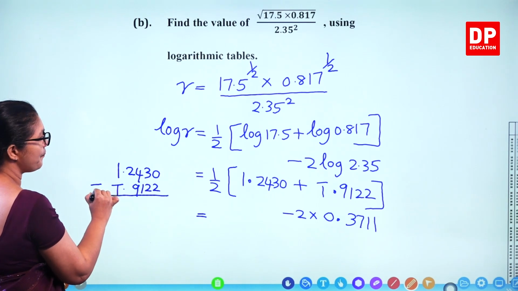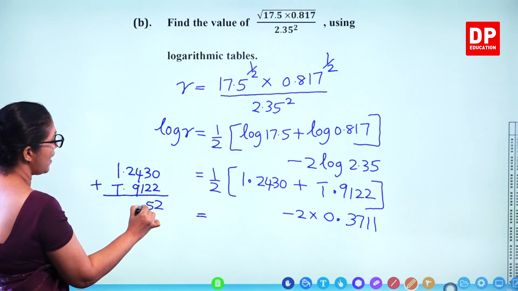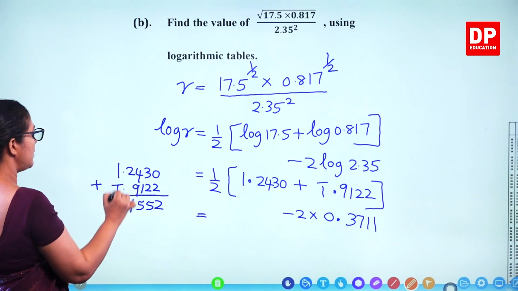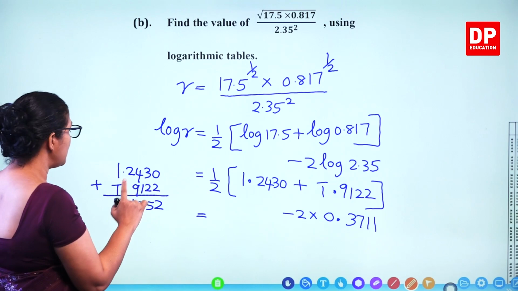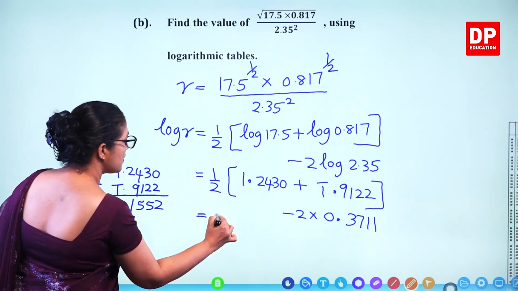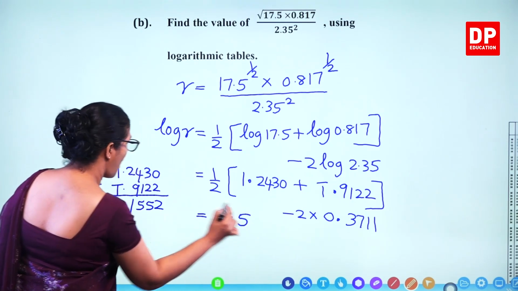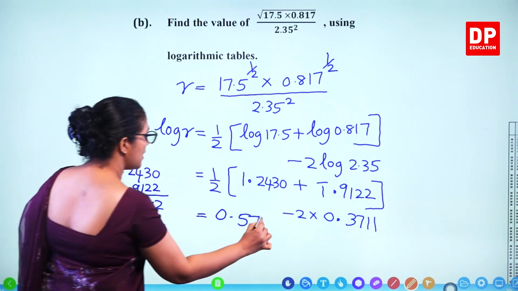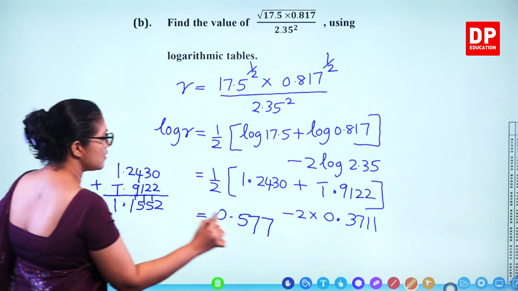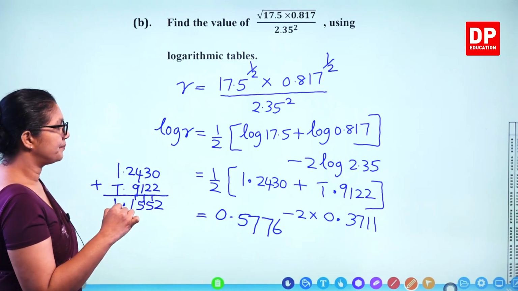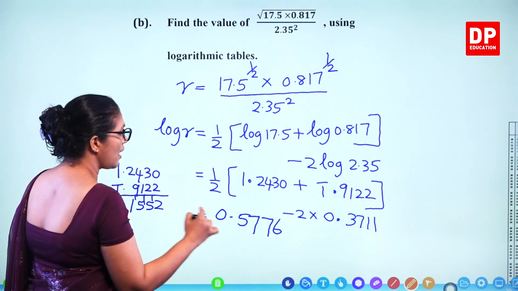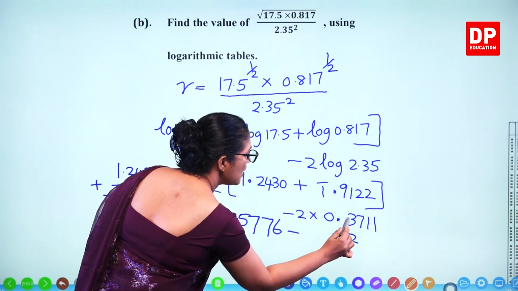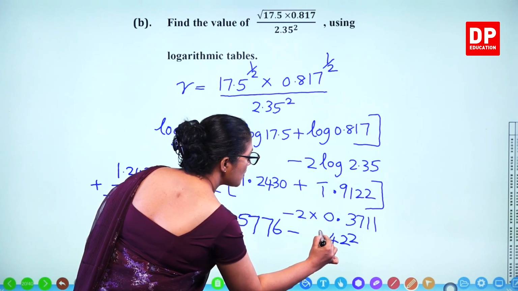Add it together, 2, 5, 5, 1 and 1, and divide by 2. 0.5, 7, that's 14. Again 7, that's 14. So 6 for 12. And then multiply this by 2. 2, 2, 14. And 2 times 3 is 6 plus 1, 7.